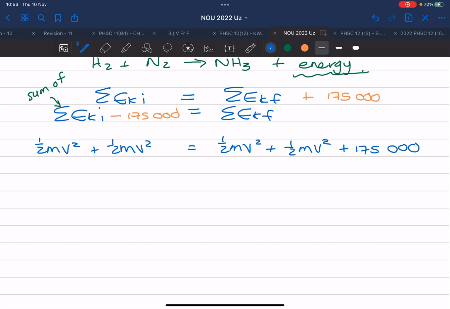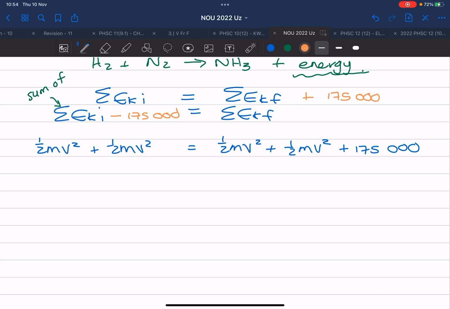Ek onthou in die begin van die jaar het ons so 'n som gedoen. Okay. Goed, so remember again, this is the sum of, so you're not going to have a P and a P, you're going to have P and Q and P and Q.